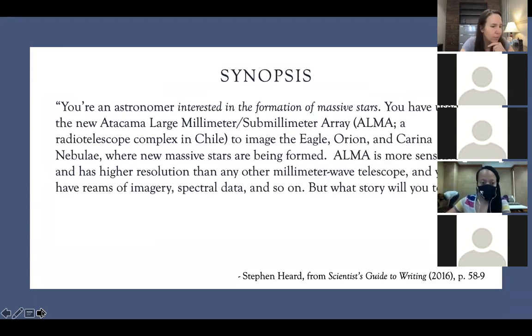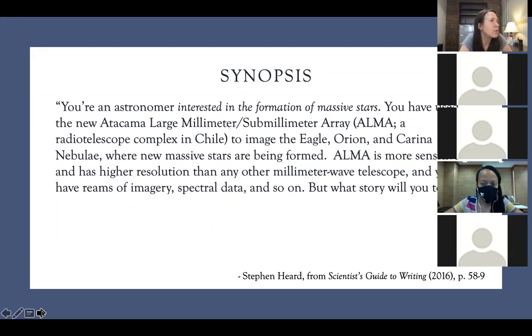So we're going to walk through an example first. This is from Stephen Hurd's book, The Scientist's Guide to Writing. And here's a synopsis of a researcher who's already done research. So you're an astronomer interested in the formation of massive stars.